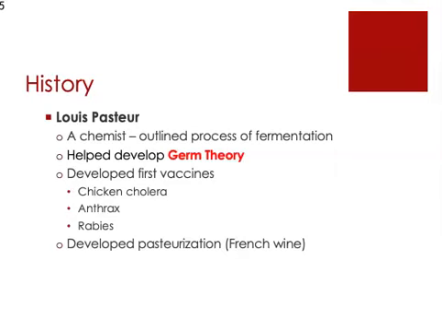He also helped to develop the first vaccines, including a vaccine for chickens against the avian form of cholera, the anthrax vaccine against Bacillus anthracis, and the vaccine that protects from the rabies virus. And of course, Pasteur is also famous for developing a technique called pasteurization, which helps protect certain liquid foods from spoiling due to the growth of microbes.